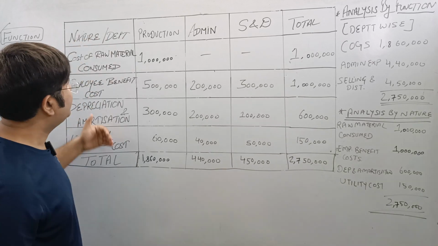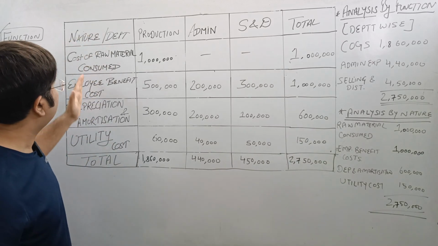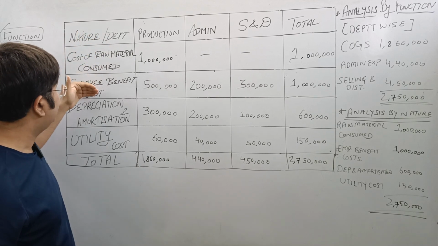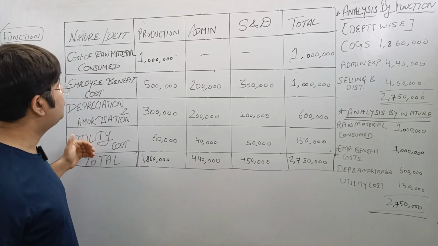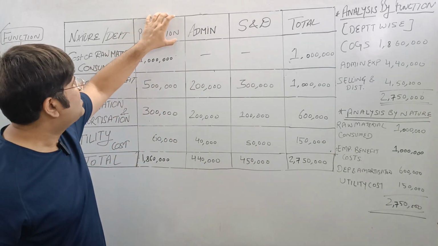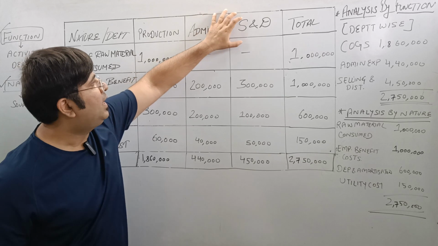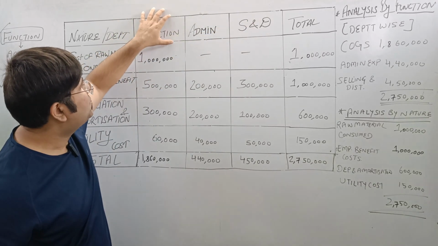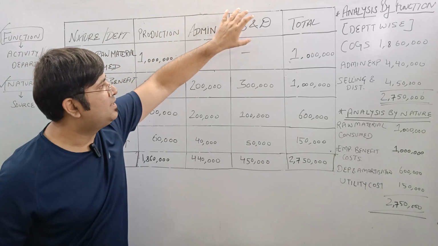I have created this table for you. On the left side of the table, I have mentioned the nature: the cost of raw material, employee benefit, depreciation, and the utility cost. On the right side, I have categorized the columns by the department heads: production department, admin, selling and distribution.